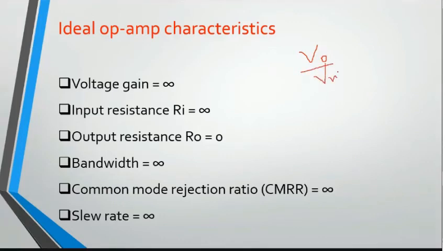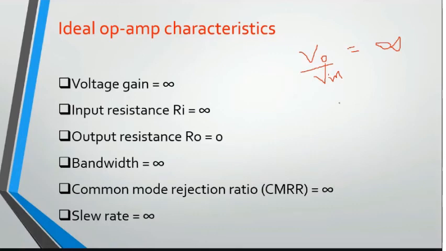So if output voltage divided by input voltage is equal to infinity, then you say that the op amp has the ideal characteristics. Okay, usually you don't get infinity, but here it is almost close to infinity. So output voltage divided by input voltage is infinity, or the voltage gain is infinity.